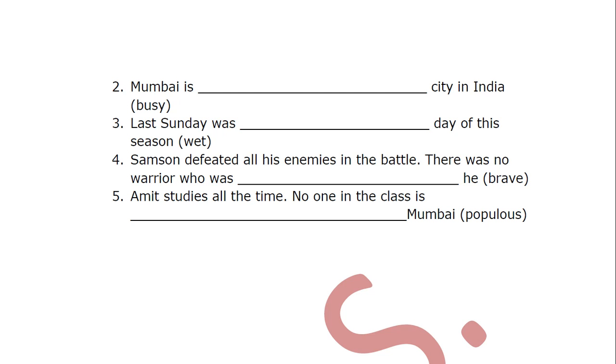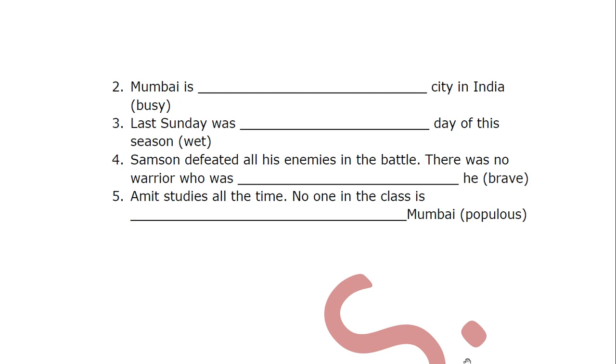Next one. Mumbai is dash city in India. So busy, you can say the busiest because there's no other city as busy as Mumbai. Clear? Next one. Last Sunday was dash day of this week. So here you can say the wettest.